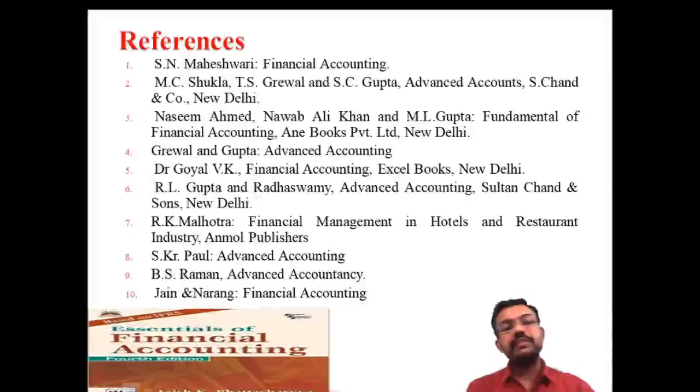These are the reference books that we use for financial accounting. There are a lot of books, and these are the important ones: Shukla and Grewal, Gupta, Nazim Ahmad, Goyal and Malhotra, K.P. Sri, K.R. Paul, and B. Raman.